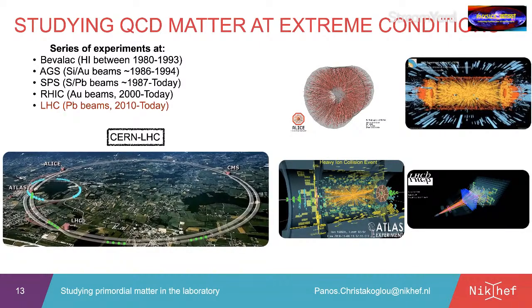Then we cross the borders, we go to point 2. This is where ALICE, the experiment I'm working on, is located. And then right across the other part, it's CMS.